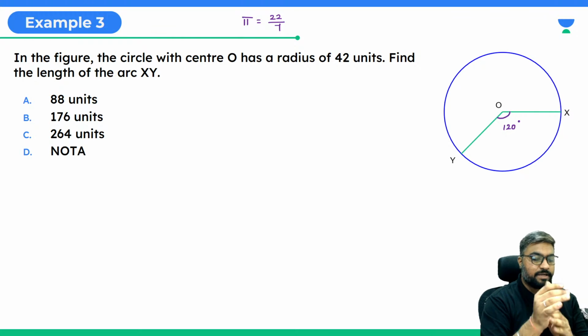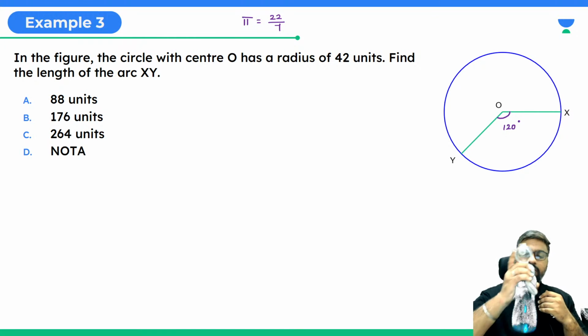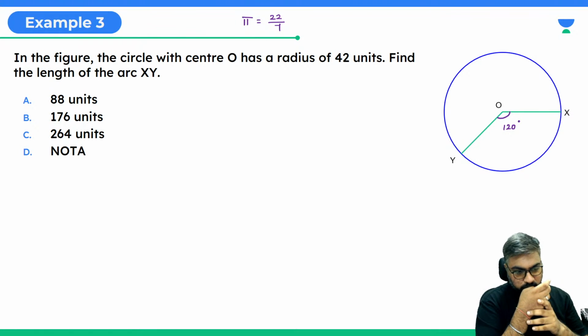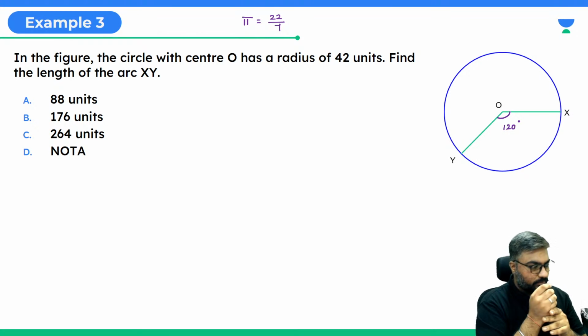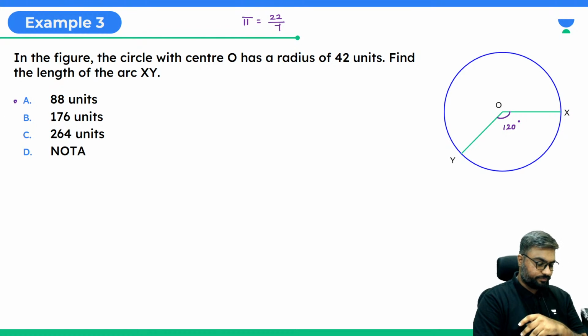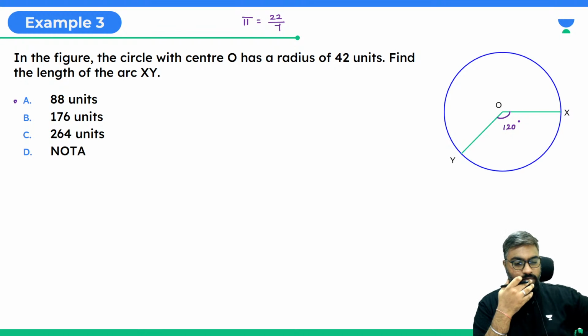Assume pi to be 22 by 7. Pragya says A. Others? Pooja says A. Very good.